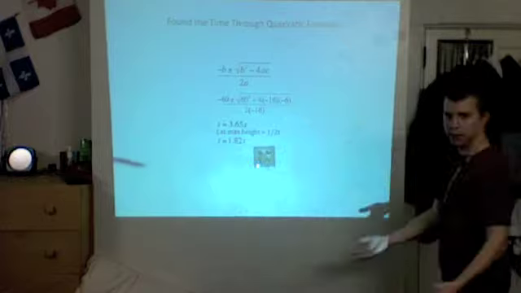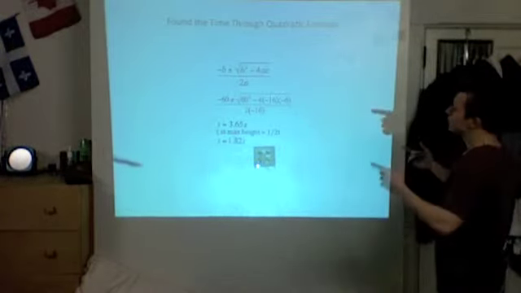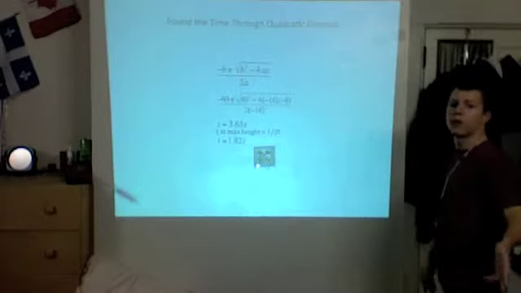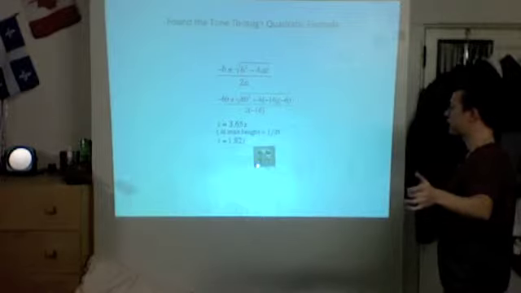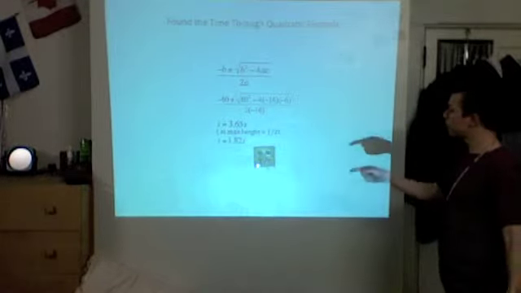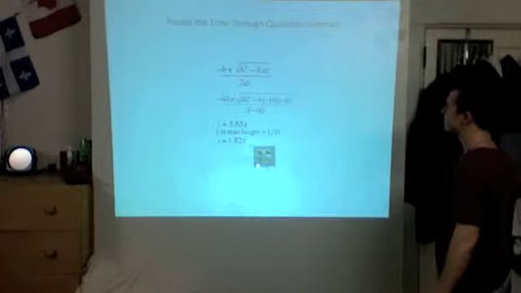Once you do all that math, you get t equals 3.65, but that's the time over the whole arc. So you have to cut that in half to get the time for the maximum height, which is 1.82 seconds.